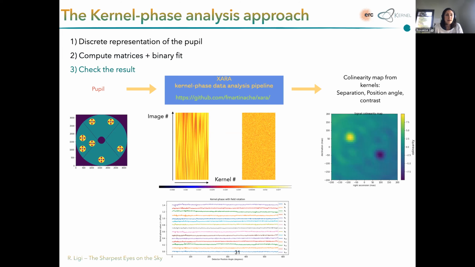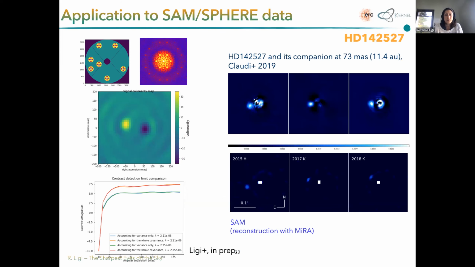We applied that to sparse aperture mask data of SPHERE for the star HD 142527. You see on the left the pupil that was used and the corresponding image. What we find is a position and contrast really close to what was found without SAM, so it was used to validate our pipeline.